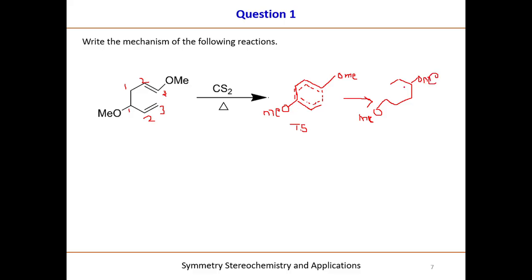And bond formation will take place between 1, 2 and 1, 2. So this is the new diene product, which we get after the 3-3 sigmatropic shift of the corresponding diene. So this is a concerted mechanism. The reaction proceeds through a cyclic transition state, and the transition state generally adopts a chair conformation.